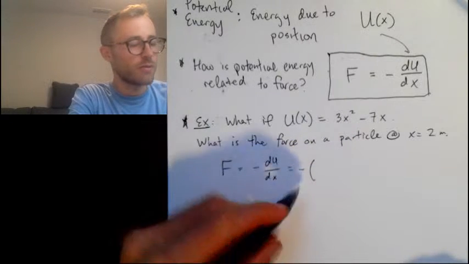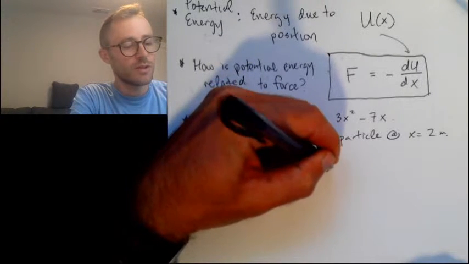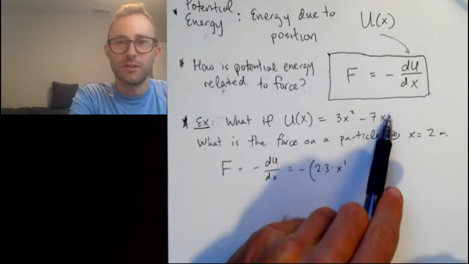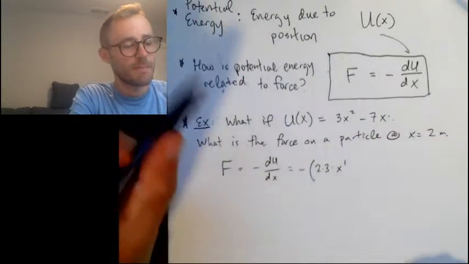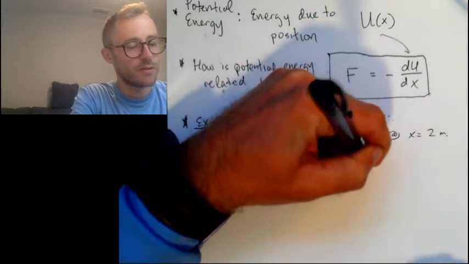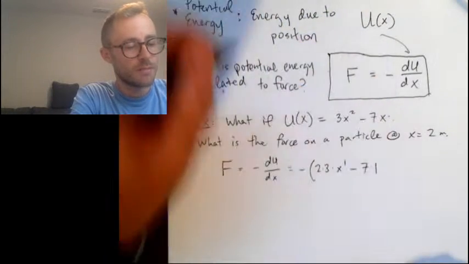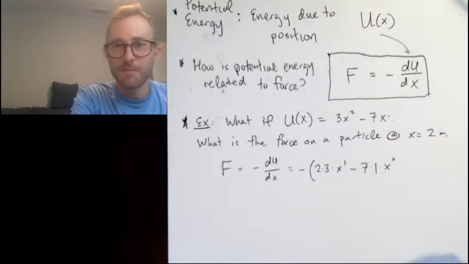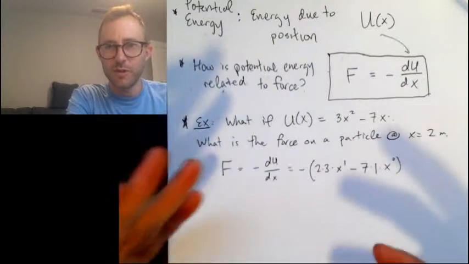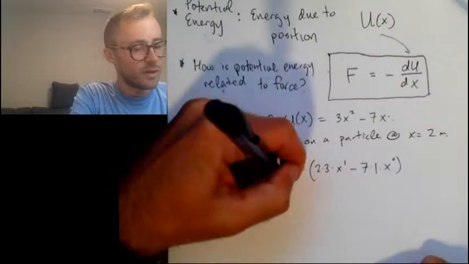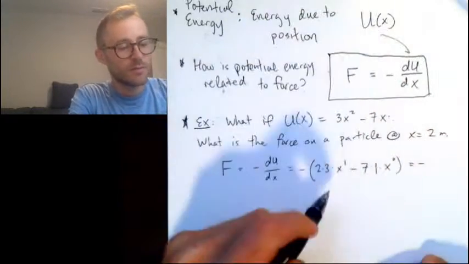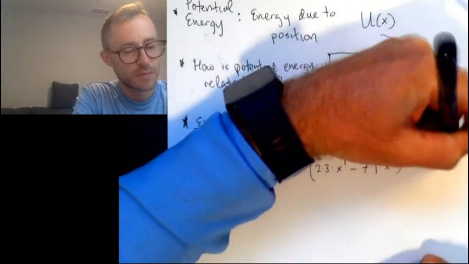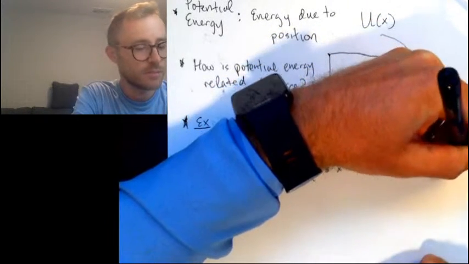Okay, so we have 2 times 3 times x to the 1. Bringing the power down, in this case the power is 1. So minus 7 times 1 times, and then we reduce the power, x to the 0. X to anything to the 0 power is 1. So we get that this is minus 6x plus 7.